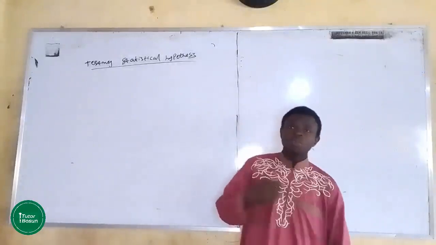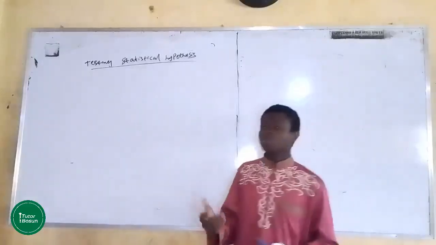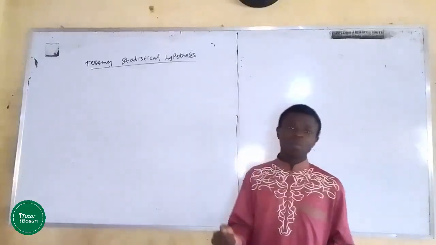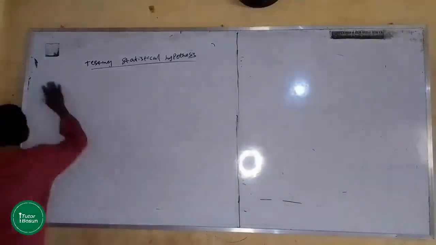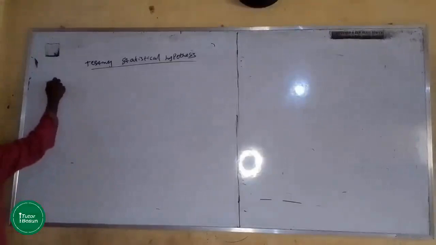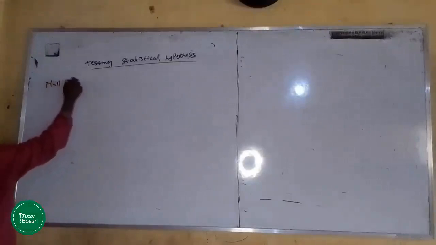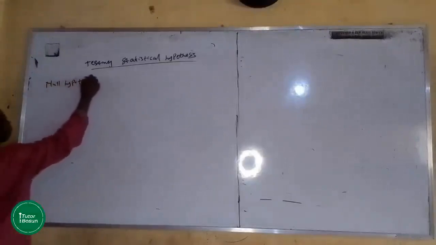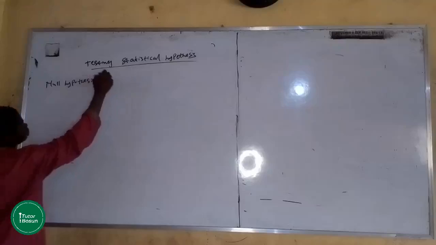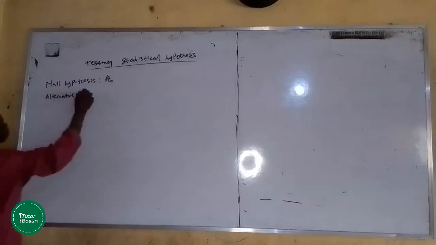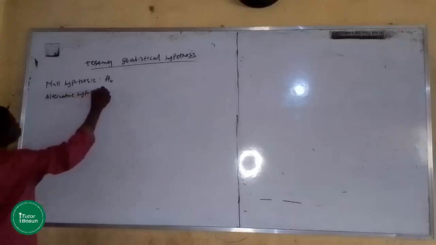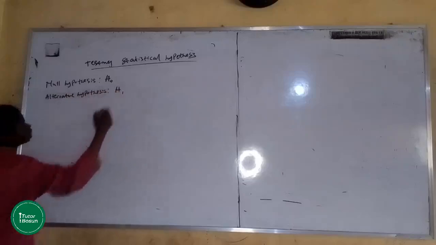In this situation, we will be dealing with two basic hypotheses. The first one is the null hypothesis, and the second is the alternative hypothesis. Your null hypothesis is denoted as H naught, while your alternative hypothesis is denoted as H1.